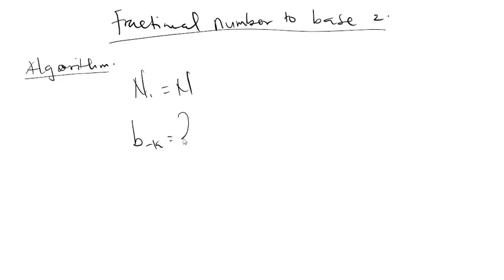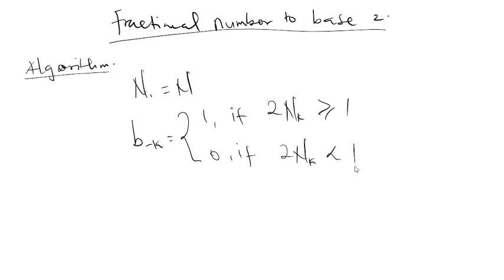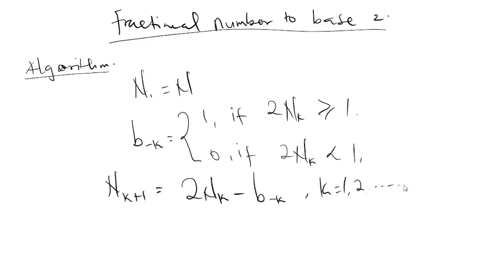We're going to have b_-k equal to 1 if 2n_k is greater than or equal to 1, and 0 if 2n_k is less than 1. Then n_(k+1) equals 2n_k minus b_-k, where k starts from 1 and goes on until n_k is 0.